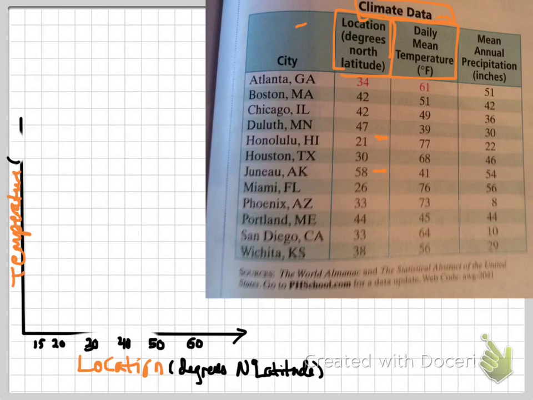I keep doing that. Degrees Fahrenheit. And my increments here, I'm going to look at my set of temperatures. My smallest temperature is 39 degrees. The greatest temperature is in the 70s, 77.